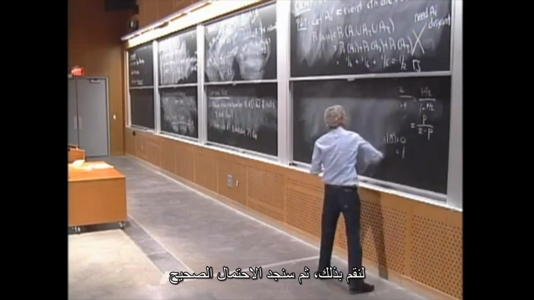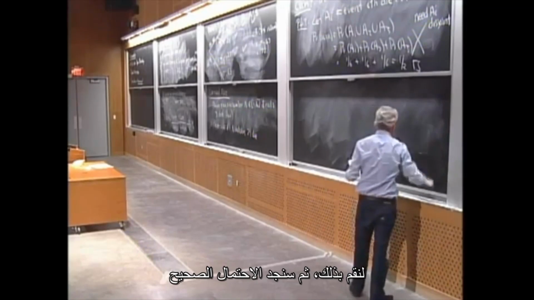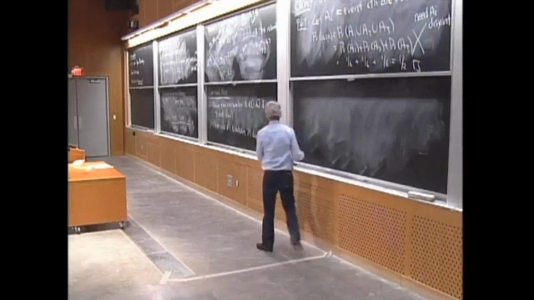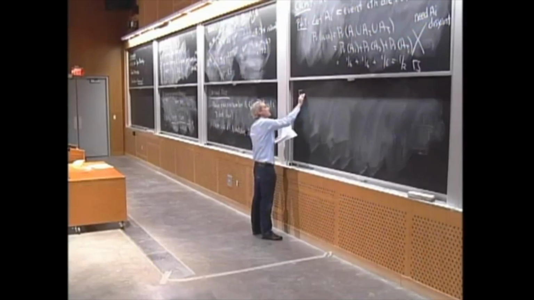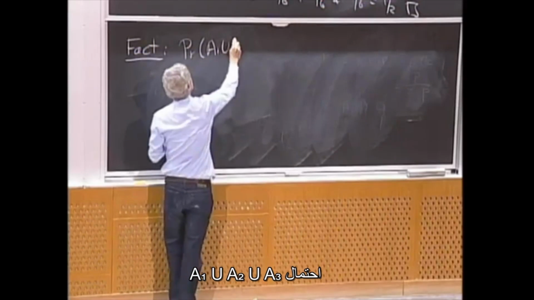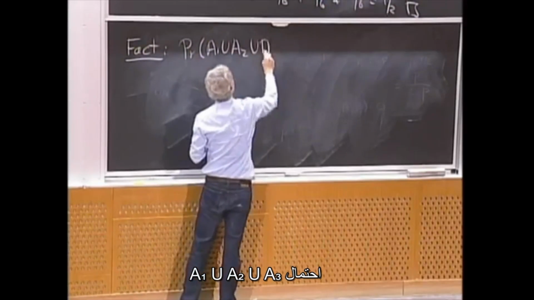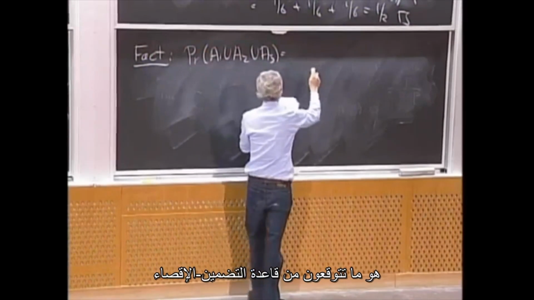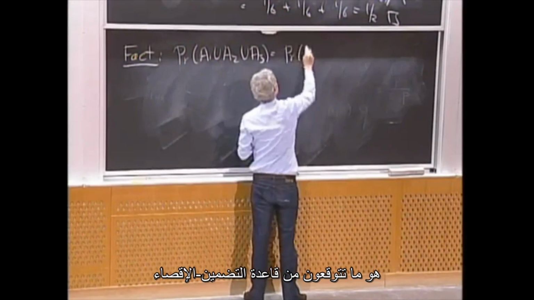So let's do that. And then we'll figure out the actual probability. So this is a fact based on the inclusion-exclusion principle. The probability of A1 union A2 union A3 is just what you'd think it would be from inclusion-exclusion.